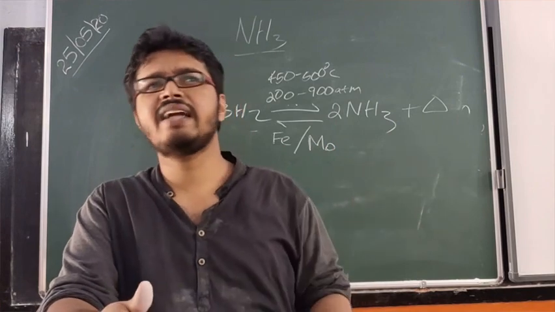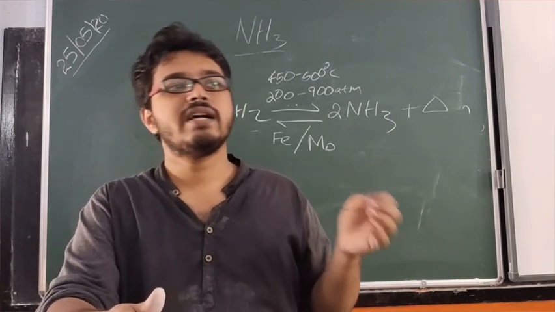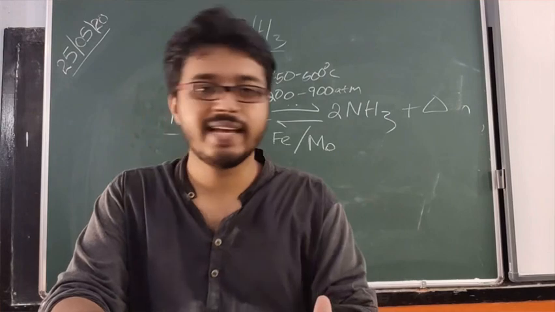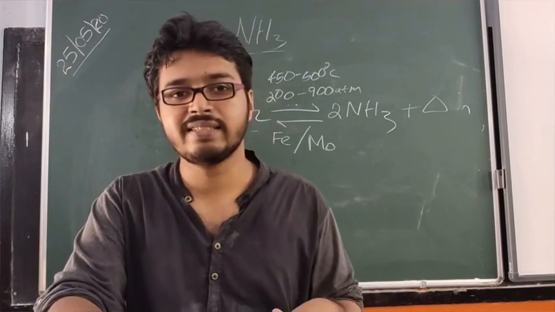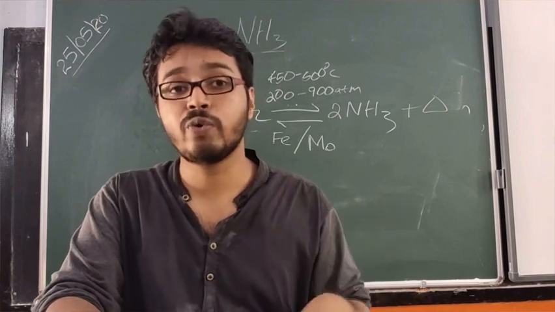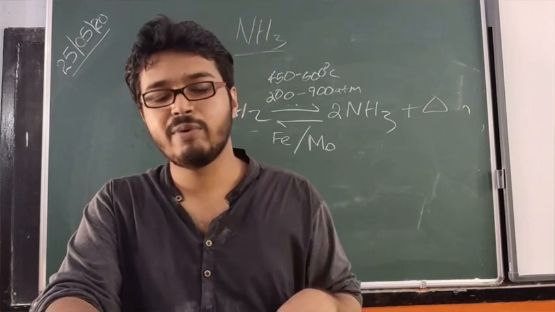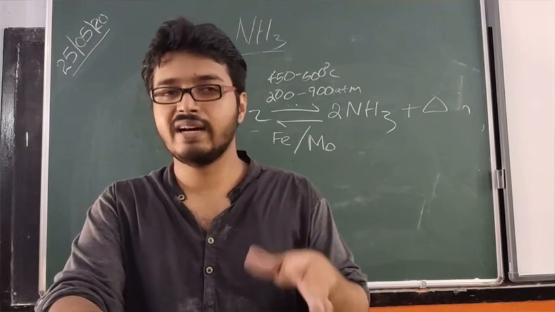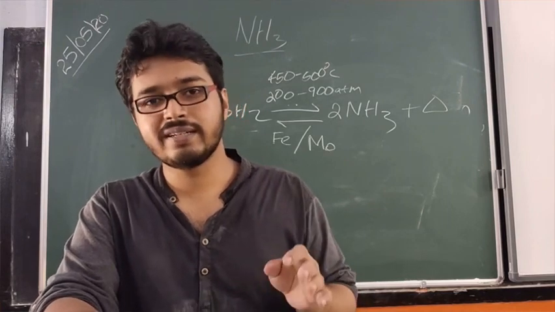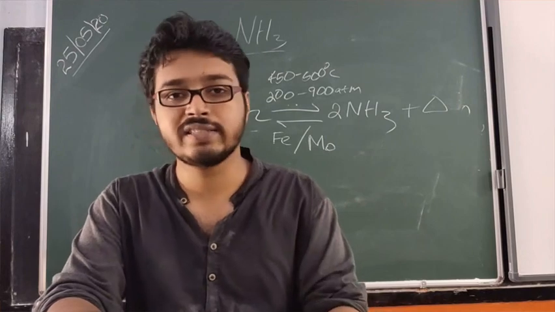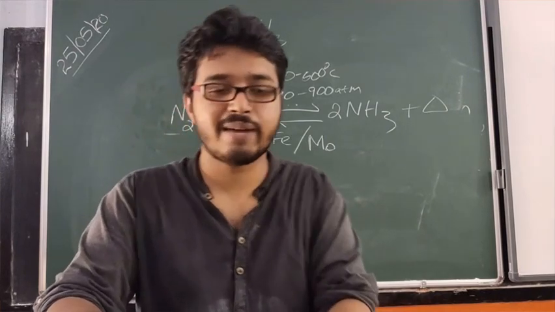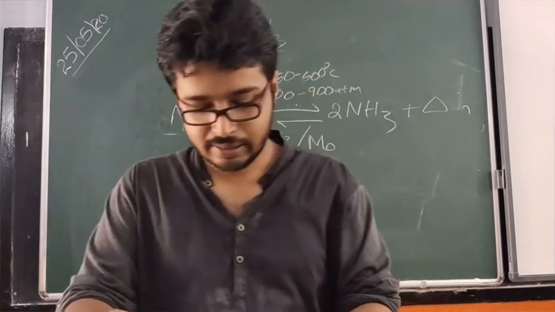Because of this reason, ammonia was once used in refrigerators, but now we are not using it. The reason is we are having better refrigerant or coolant gases compared to ammonia. Even though it can still be used and it will work, the efficiency will not be that much as compared to other refrigerants.